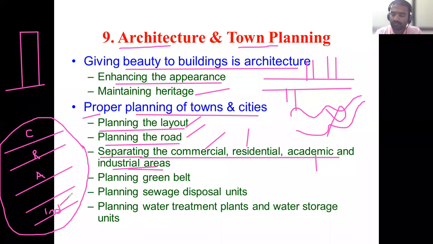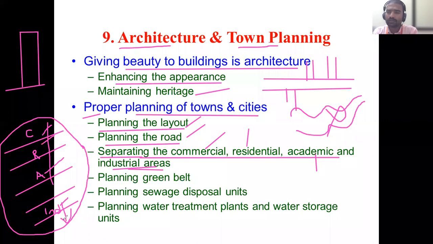So will these industries be given within the city or outside the city? Outside the city. If you want to construct a sugar factory, it will not be constructed near the commercial area, the residential area, or the academic area. It will be constructed away from the city.